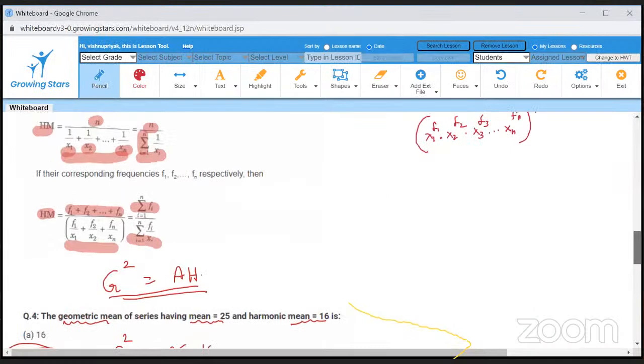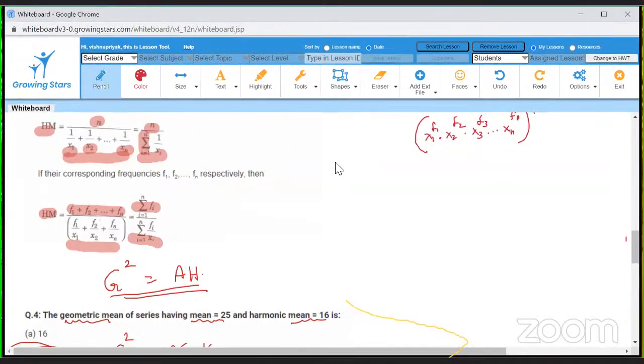Okay, coming to harmonic mean. Suppose there is just a list of numbers, x1, x2, x3 up to xn. Then n observations are there in total.